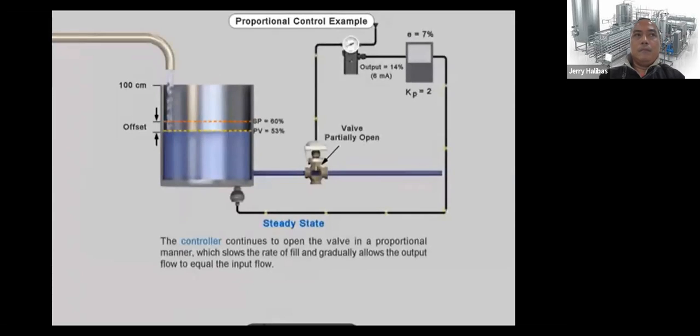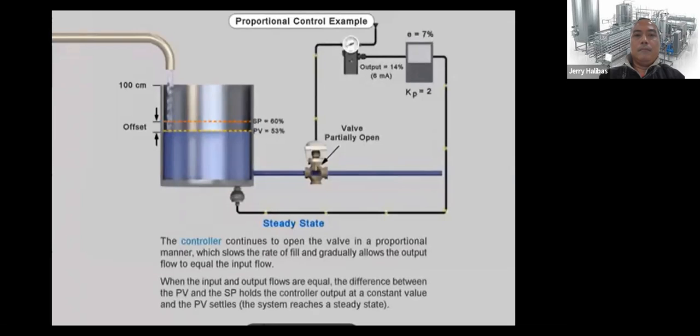The controller continues to open the valve in a proportional manner, which slows the rate of fill and gradually allows the output flow to equal the input flow. When the input and output flows are equal, the difference between the PV and the SP holds the controller output at a constant value, and the PV settles, or the system reaches a steady state.